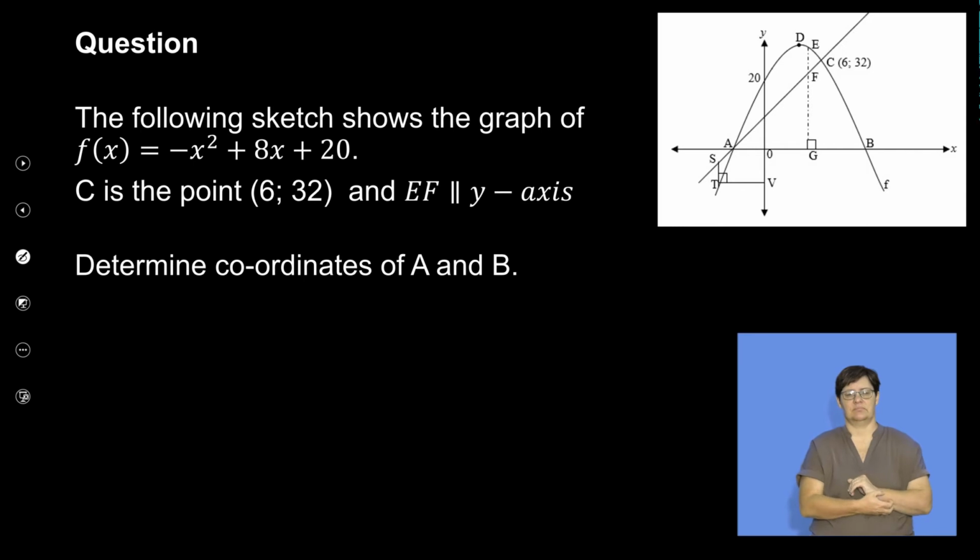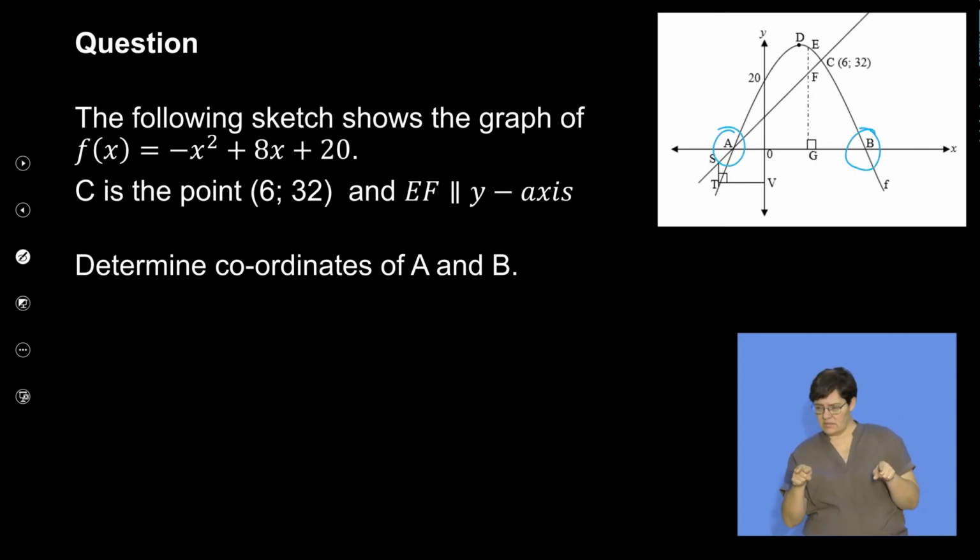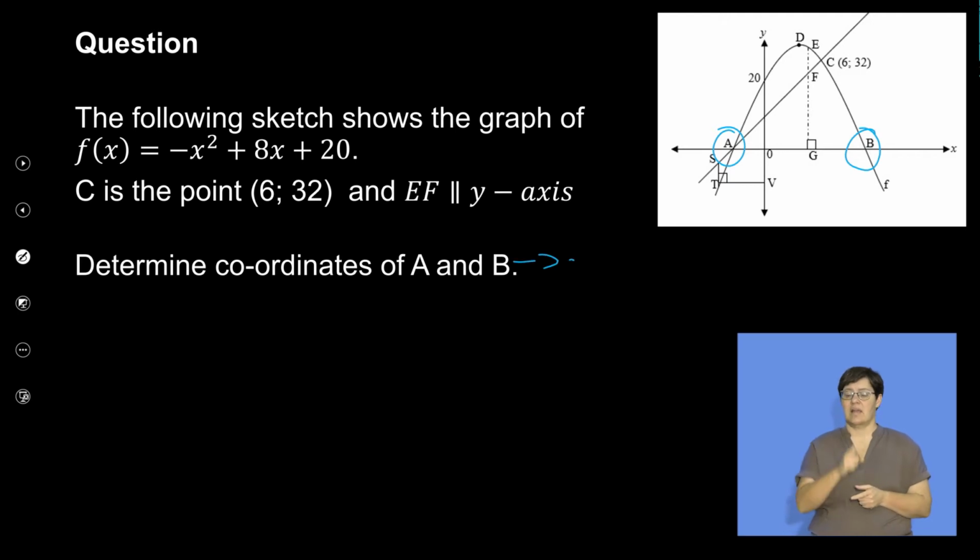Now, the very first question wants us to find the coordinates of A and B. As you can see on my diagram, these are the x-intercepts of the graph. For me to find anything that has to do with x-intercepts, my y must be equal to 0.